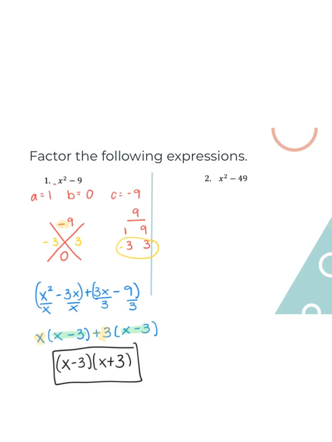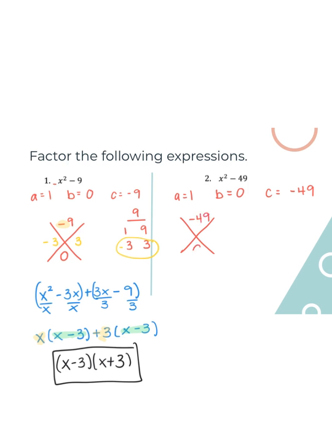Okay, x squared minus 49. Again, we're going to start with our A, our B, and our C term. So my A equals 1. I don't have an x, so when I don't have an x, my B equals 0, and my C equals negative 49. I'm going to go ahead and factor it like I was before. So my A times my C, negative 49 times 1, that's going to give me negative 49.